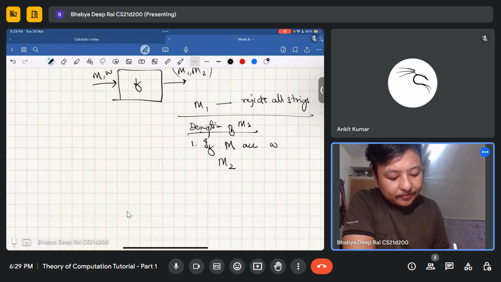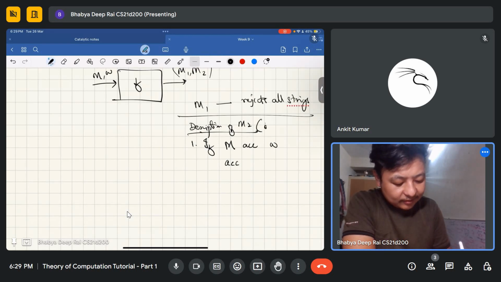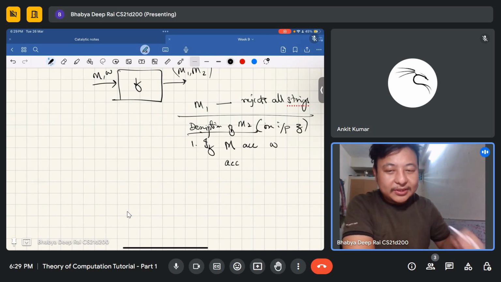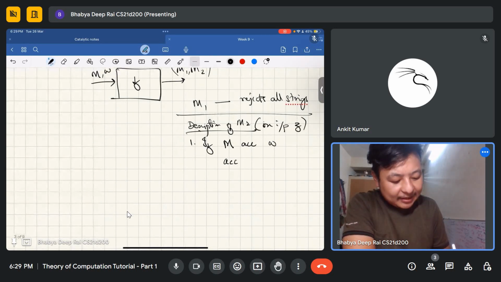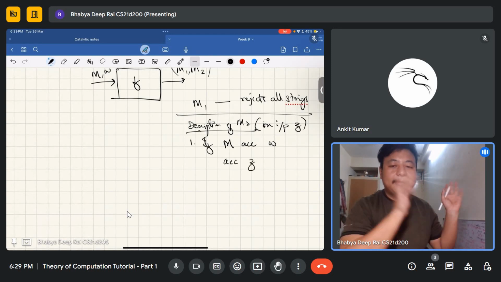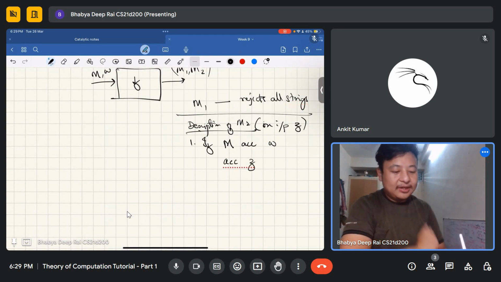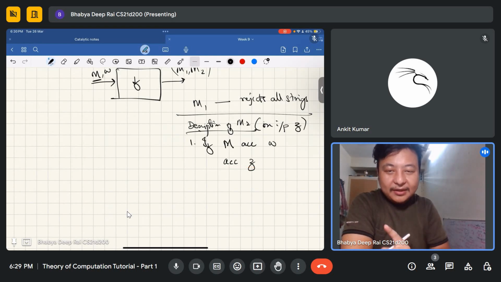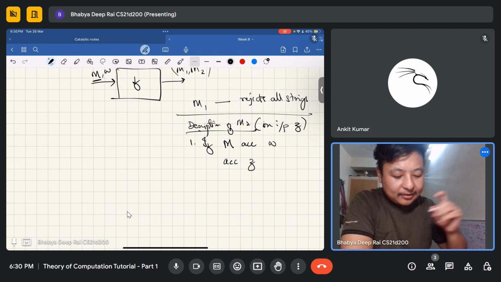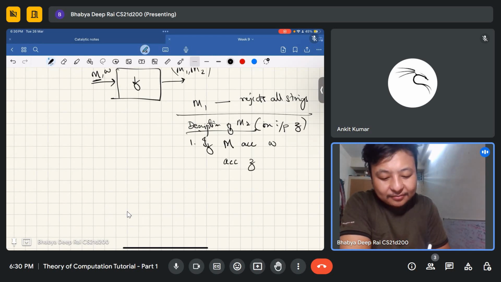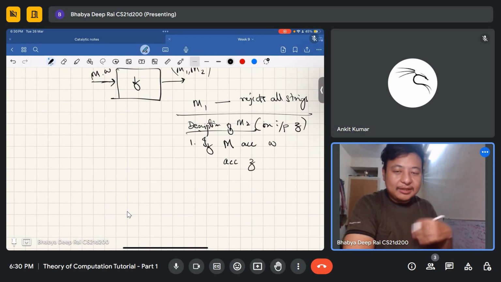M2 accepts any string, which means if M2 is given an input z, then it accepts z trivially. So if m given accepts w, then what happens?